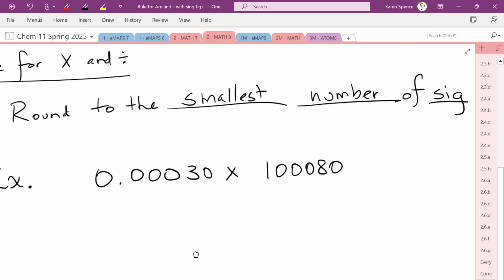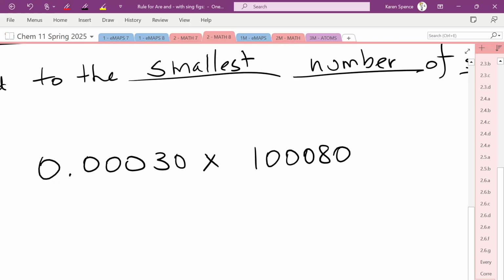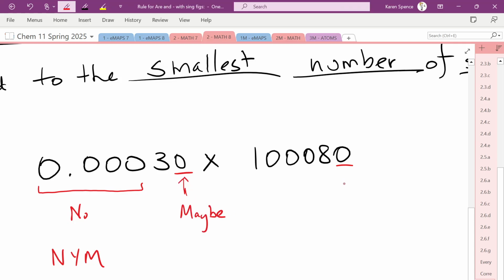So how many sig figs in 0.00030? 2, because remember, zeros on the left are no, NYM, no, yes, maybe. Zeros on the left are no. Zeros on the right are maybe. And then we also have some zeros in the middle, which are yes.